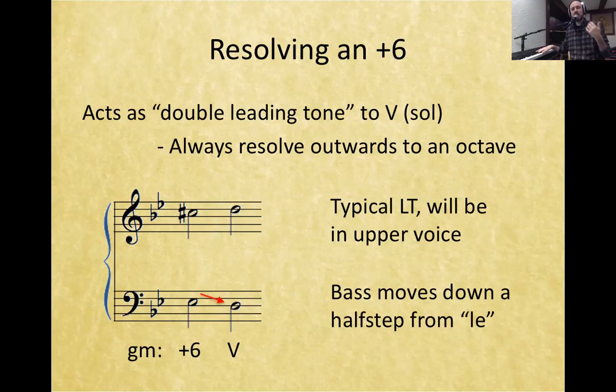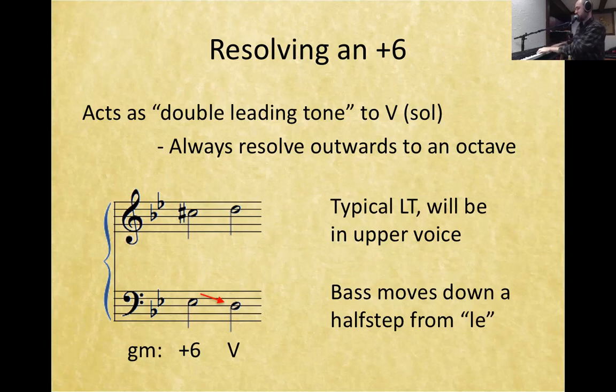We've talked a lot about the syllable le in minor, how it really pulls downwards to sol, le, sol, right? It's very leading tone-esque, and this is where we can really exploit that. So in the bass voice, we're going to have le down to sol. And that's this downwards leading tone.